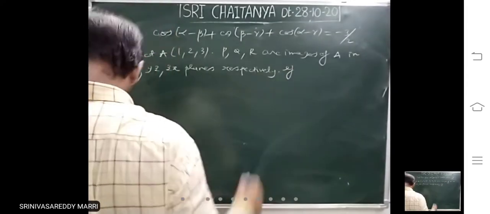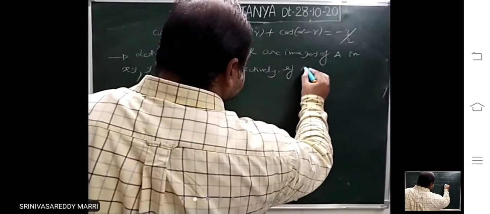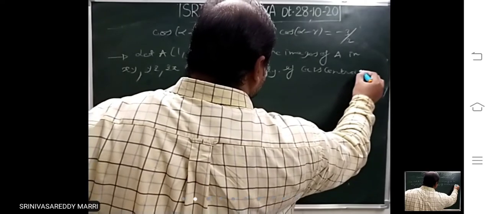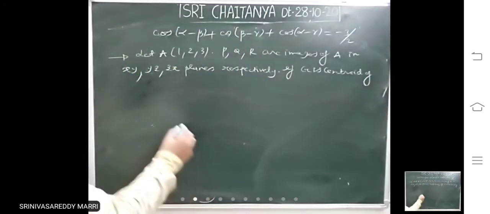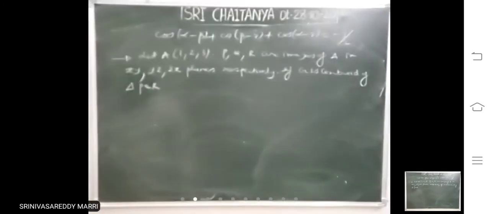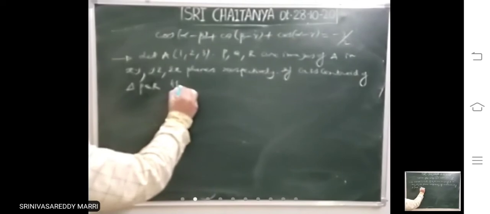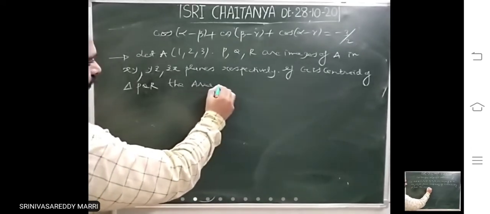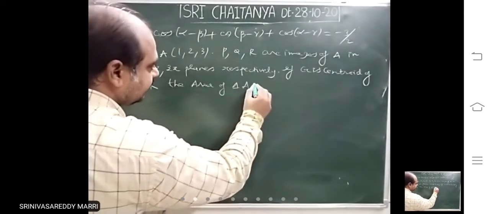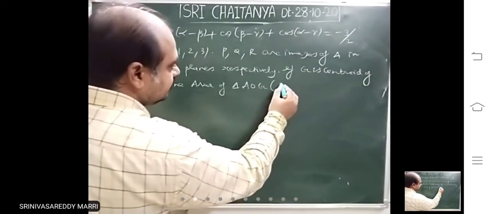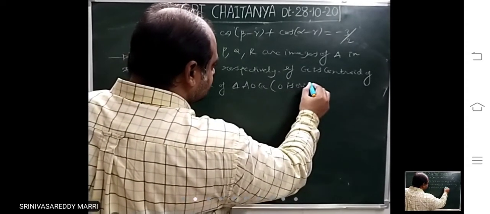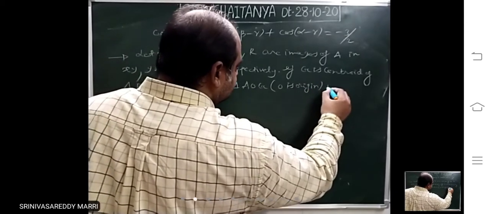If G is the centroid of triangle PQR, then find the area of triangle AOG. Here O is the origin.